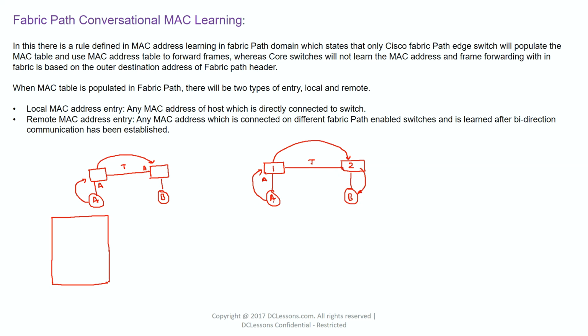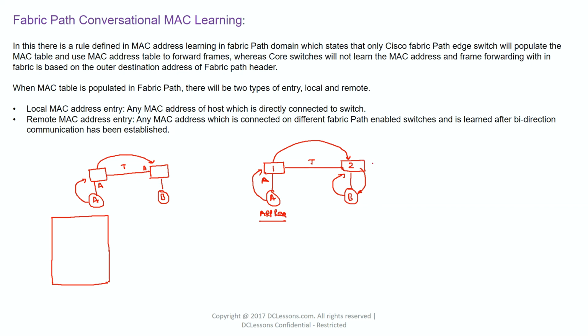Let's suppose host A sends an ARP request. The ARP request reaches switch 1, and the source MAC address of host A will be learned. This is a broadcast, so switch 1 will forward the packet to switch 2. Switch 2 will not learn the MAC address. It will forward the broadcast to host B. Now host B provides the ARP reply to switch 2.